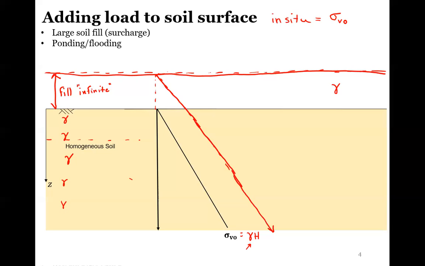This would always be the case if it is a large soil fill across the entire project site. If it's ponding, with the unit weight of water, something like that, it would always be shown as just adding some uniform stress here.